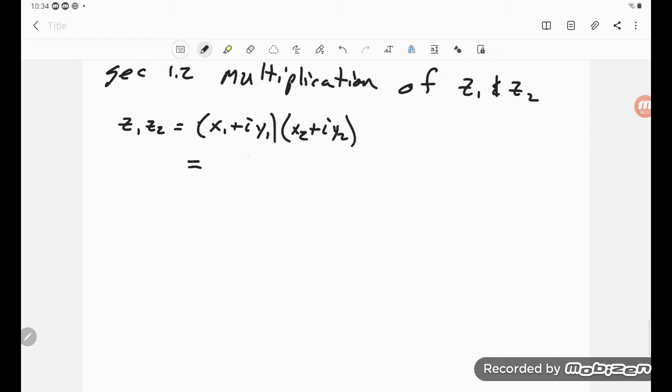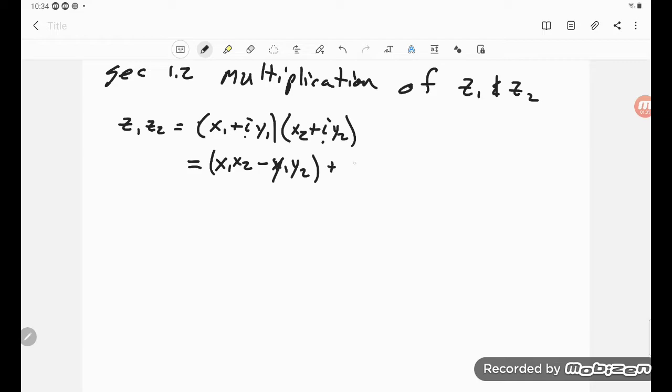And so that becomes X1 X2 plus, minus, because I've got an I and an I, so that's -1. So minus Y1 Y2. So there's that real portion.